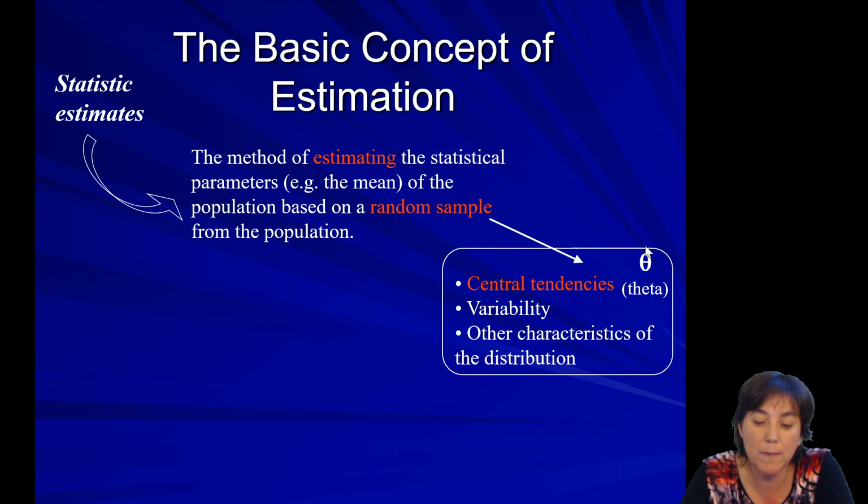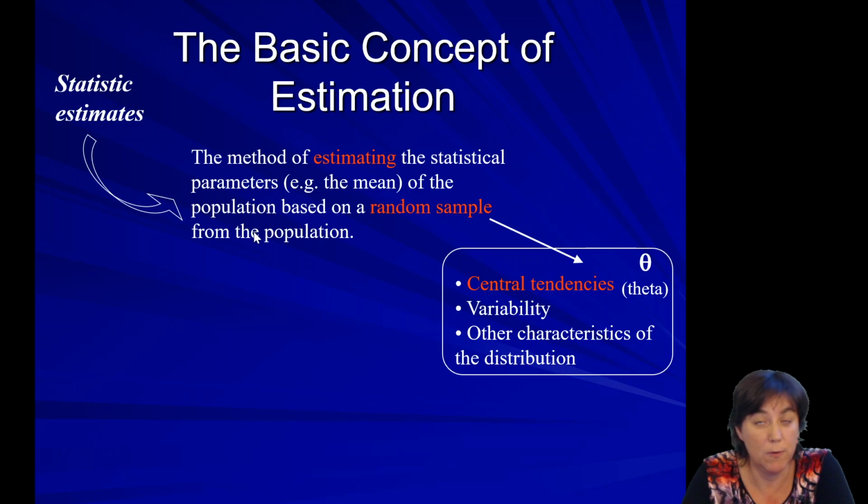We call them, in general terms, theta. We can expect to estimate central tendencies, the population mean, as the most frequent target of estimation, but also variability and other characteristics of the distribution can be estimated.